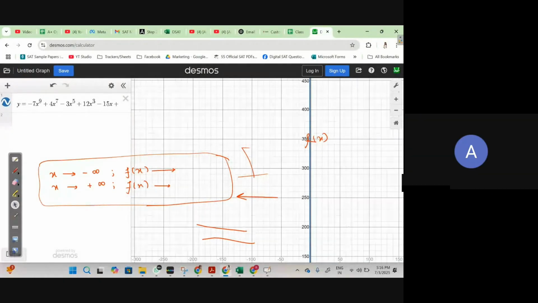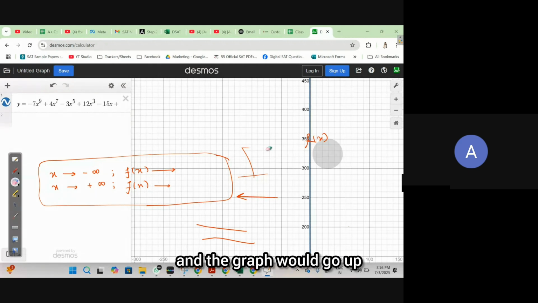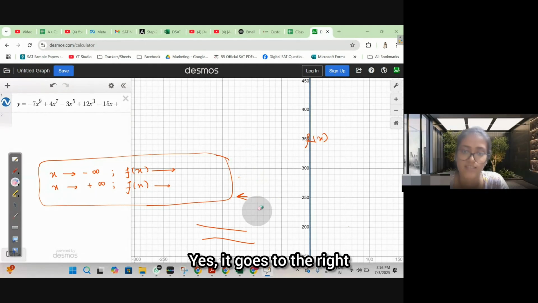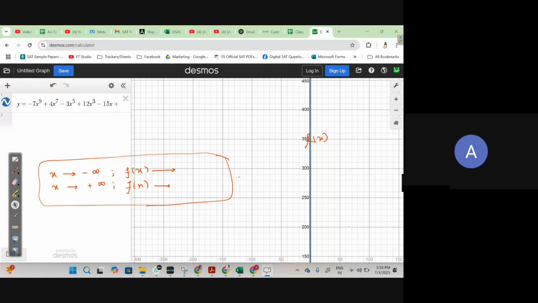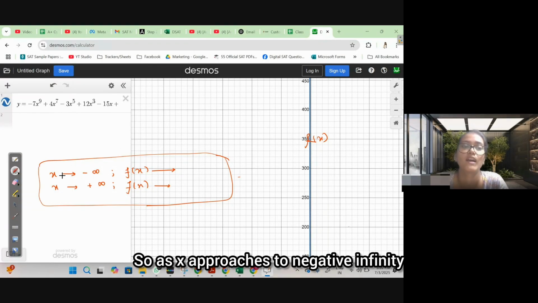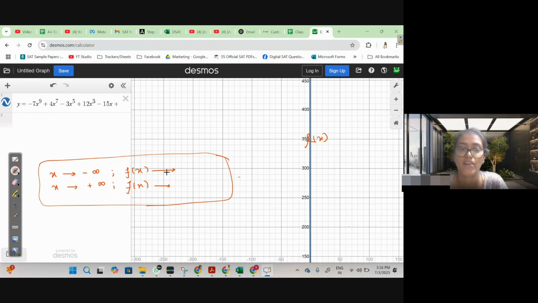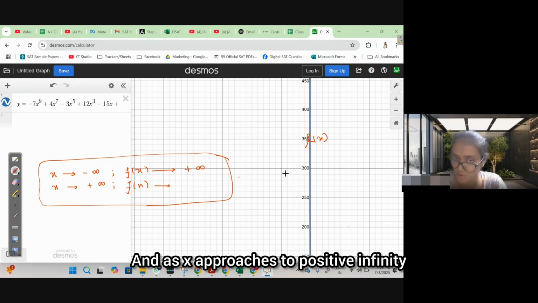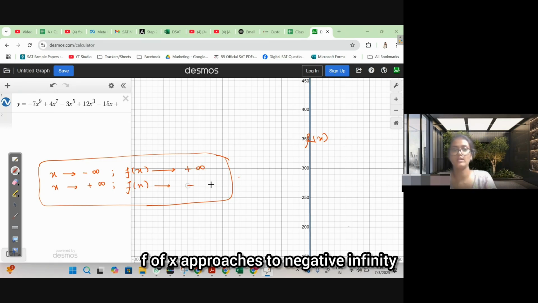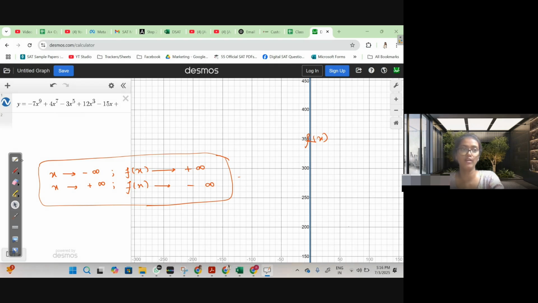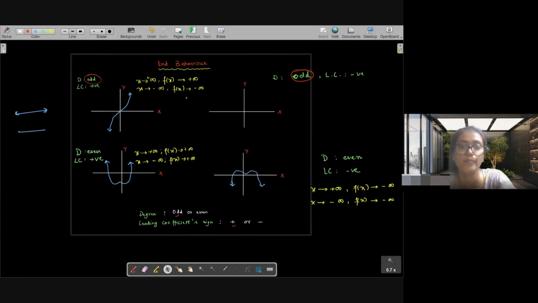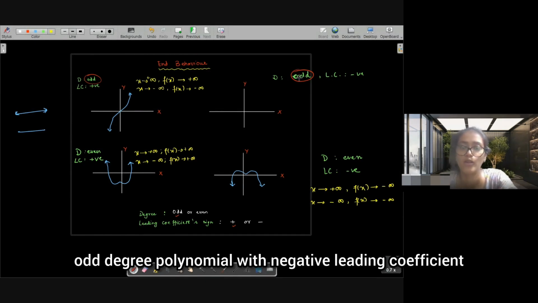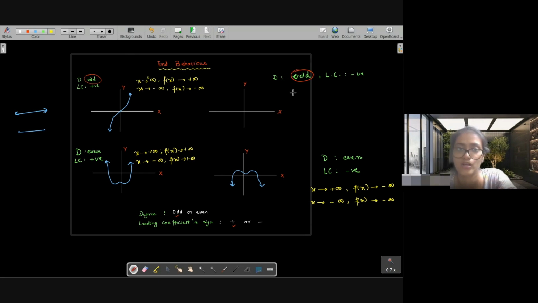If it moves to the left, then the graph would go up. And if it goes to the right, then the graph will go down. So as x approaches negative infinity, f of x approaches positive infinity. And as x approaches positive infinity, f of x approaches negative infinity. That's the end behavior, and this will happen for every odd degree polynomial with negative leading coefficient.